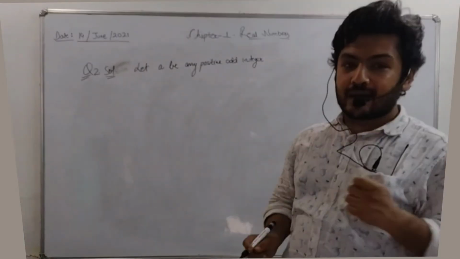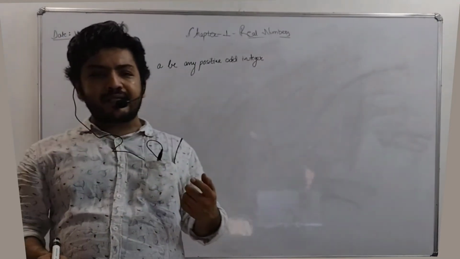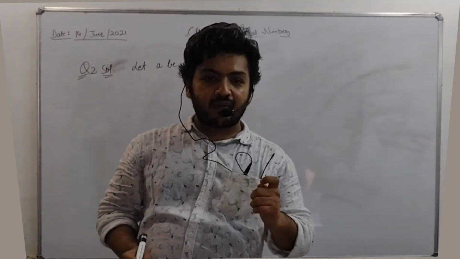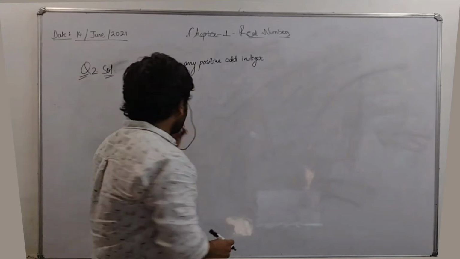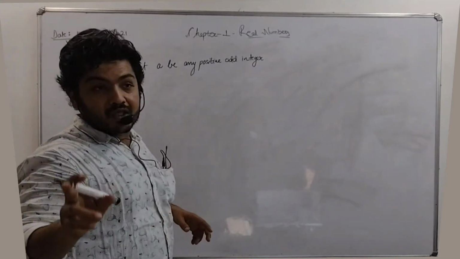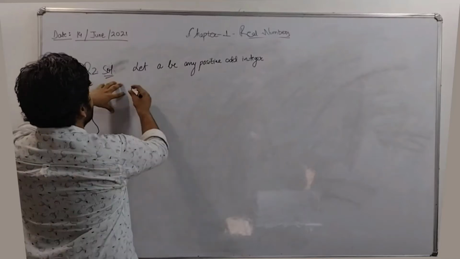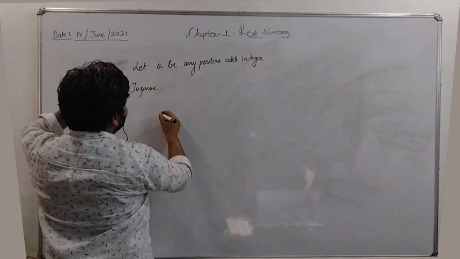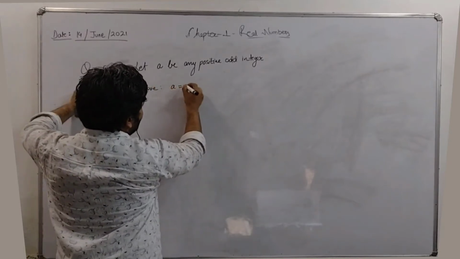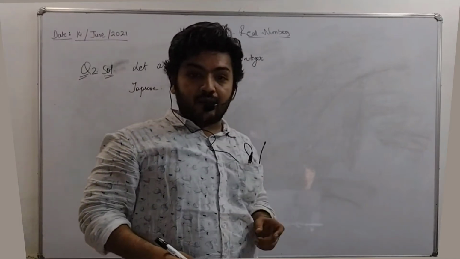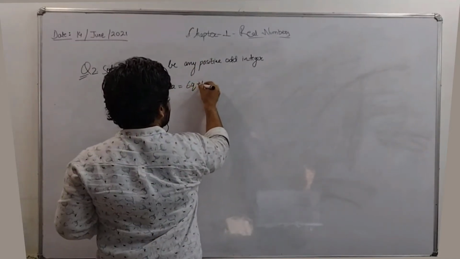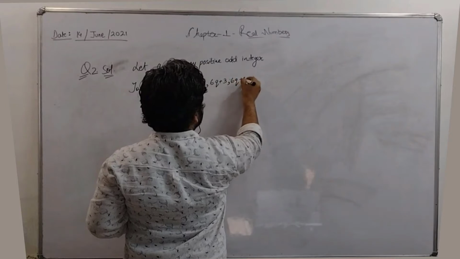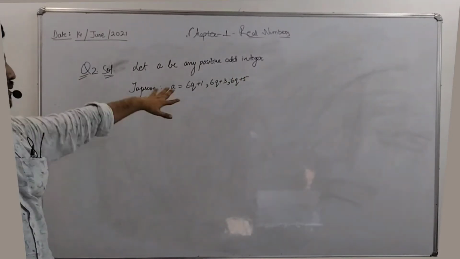Now what is given, and what we have to prove: show that any positive odd integer is of the form 6q plus 1 or 6q plus 3 or 6q plus 5, where q is some integer. So what we have to show is that a is equal to 6q plus 1, or 6q plus 3, or 6q plus 5. Alright, so this is what we have to show.